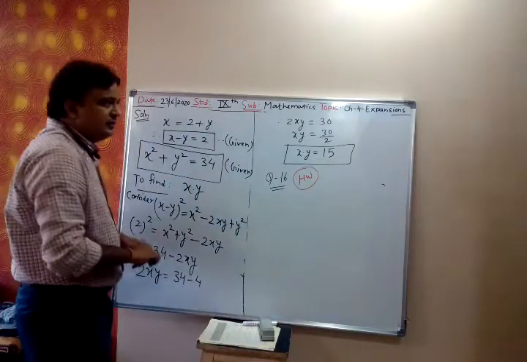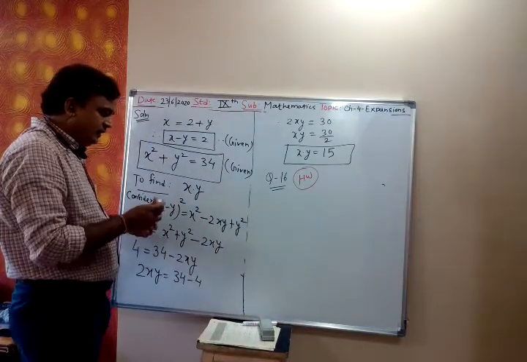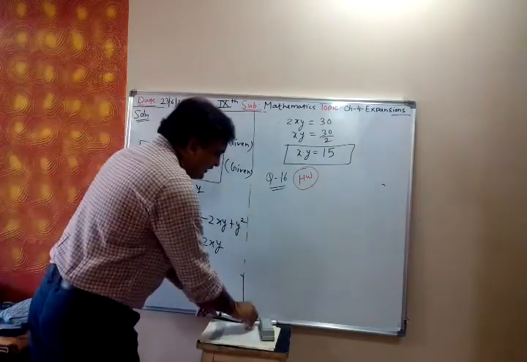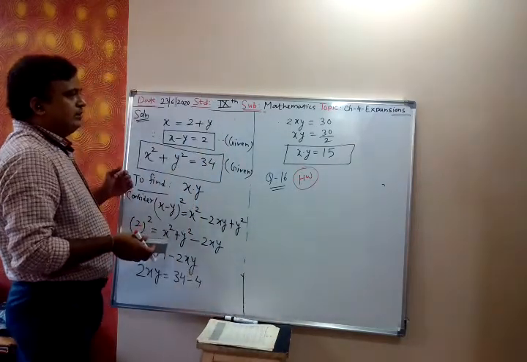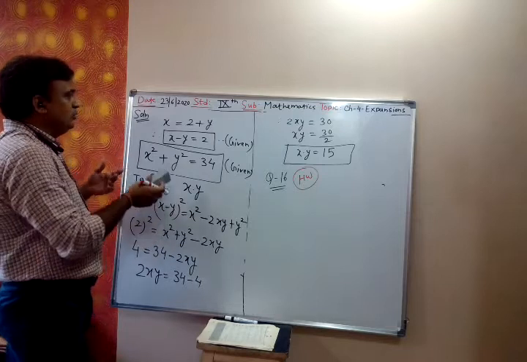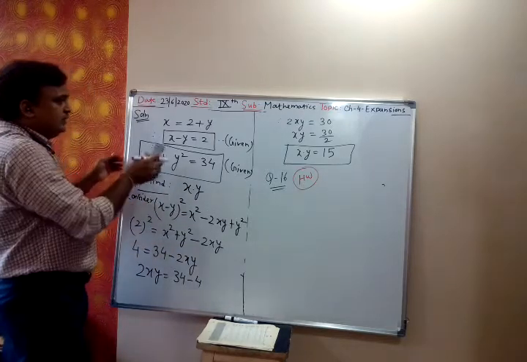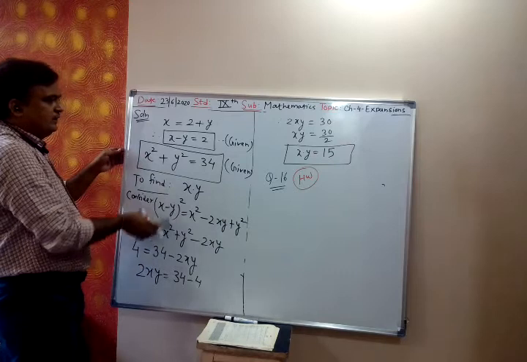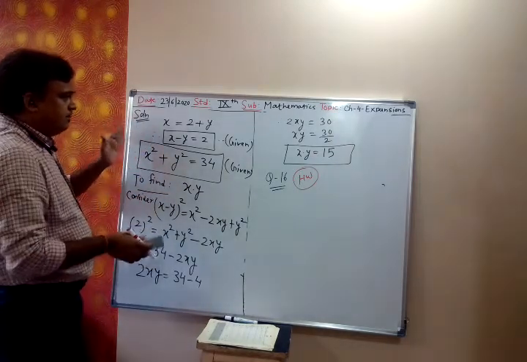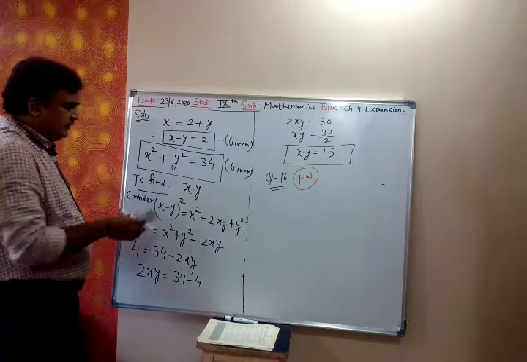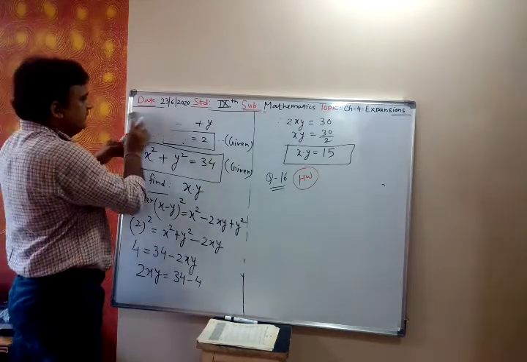We have seen a plus b whole square, a minus b whole square, a plus 1 upon a whole square, a minus 1 upon a whole square. Now the same formulas we have to write for cube: a plus b whole cube, a minus b whole cube. This left side part is over.